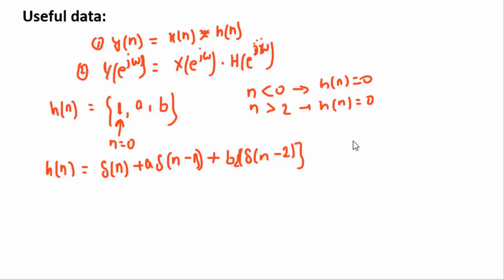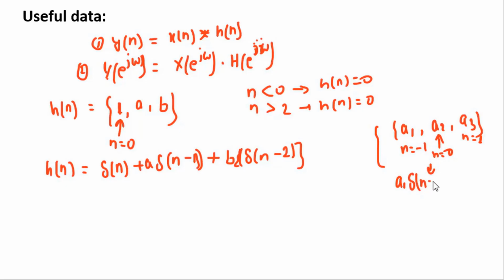That filter response is given, where I am using this representation: suppose you are given any discrete time signal a1, a2 and a3, where the middle one is n equal to 0, so the first is n equal to minus 1 and the last is n equal to plus 1. You can write this in terms of delta function as a1 times delta of n plus 1 plus a2 times delta of n plus a3 times delta of n minus 1.